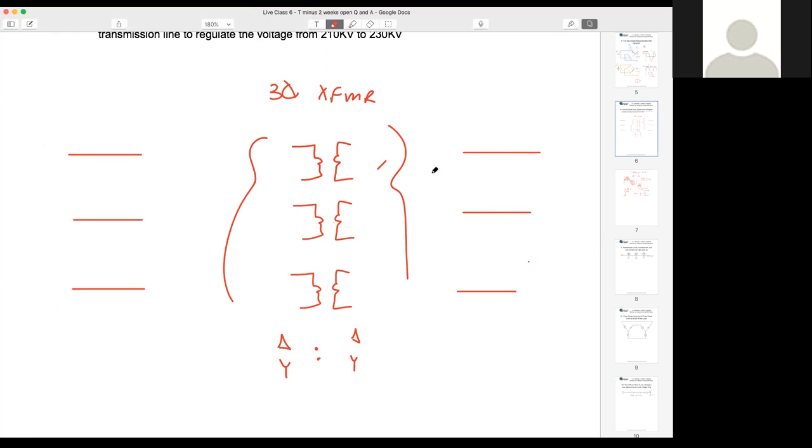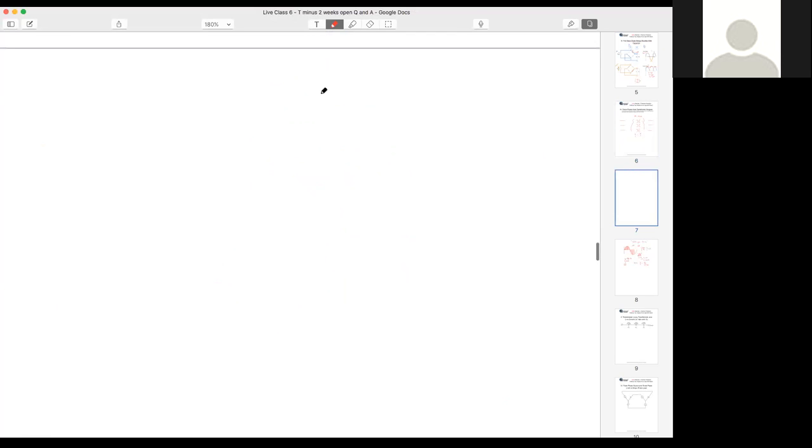So how do we do the same thing for an auto transformer? Let's look at that. An auto transformer looks something like this, where this is my primary voltage, and this is my secondary voltage.